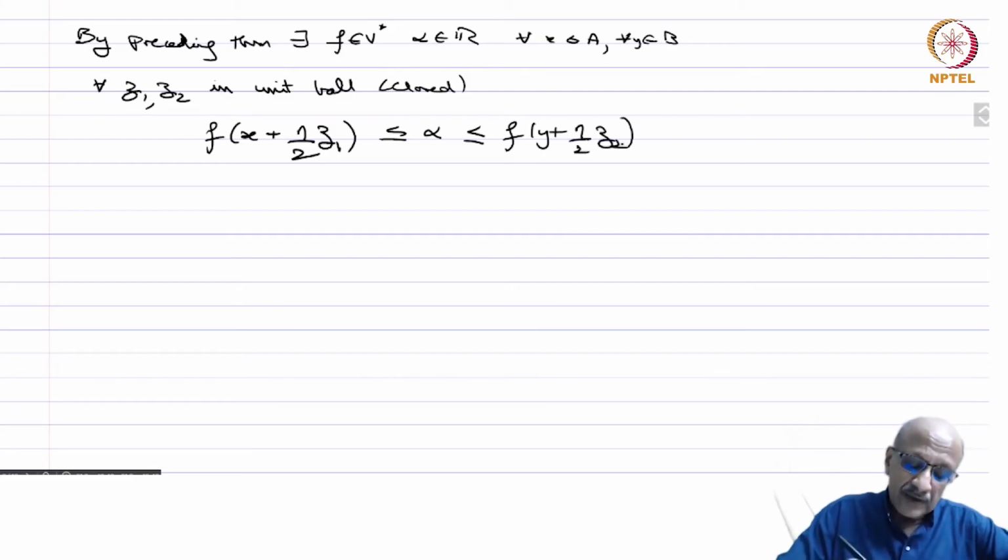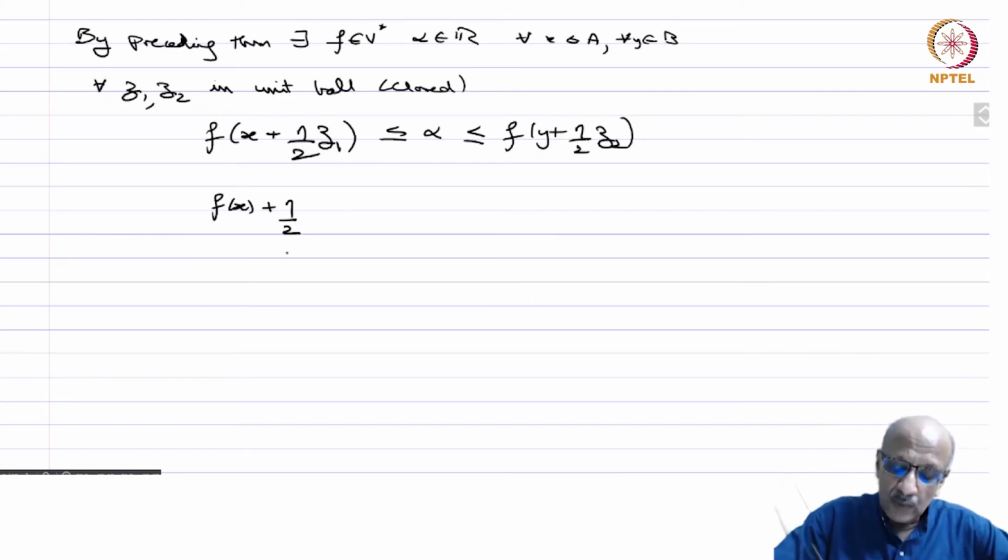And you can take this for all z1 and z2. So now, this is f of x plus eta by 2 f of z1. Now z1 I can take anything in the closed unit ball, so I take it close to the supremum, and therefore I will get norm f, because norm f is nothing but the supremum of f z, norm z less than or equal to 1.